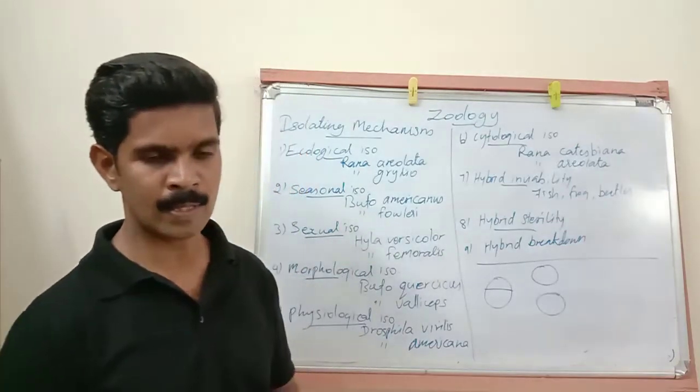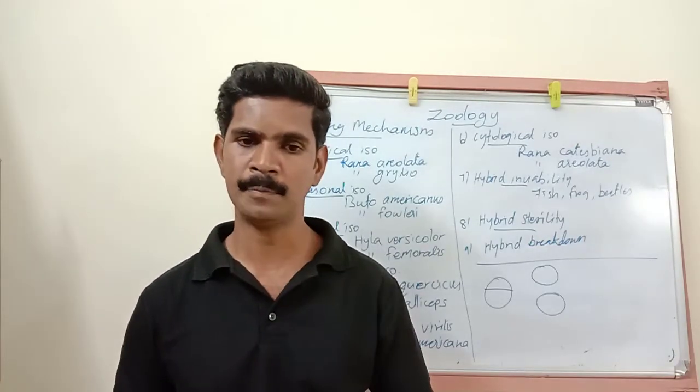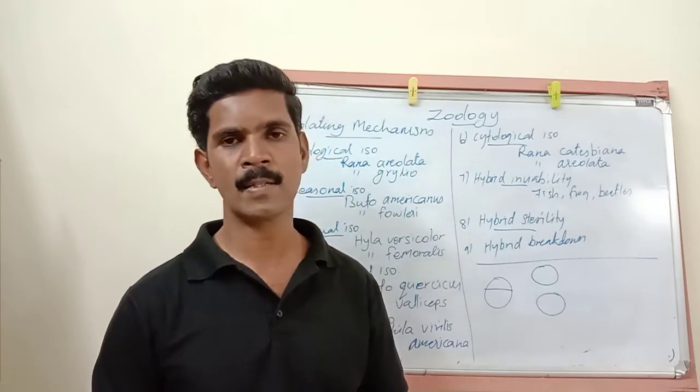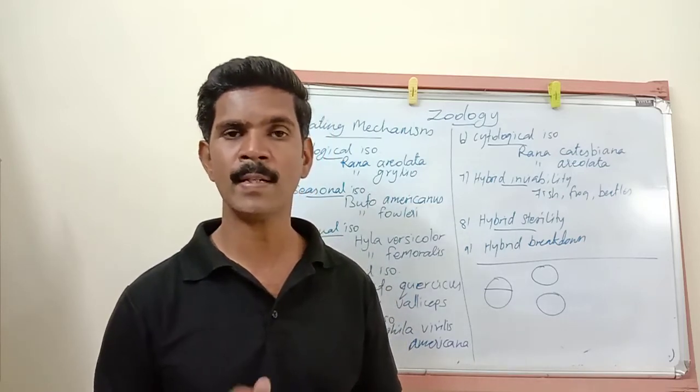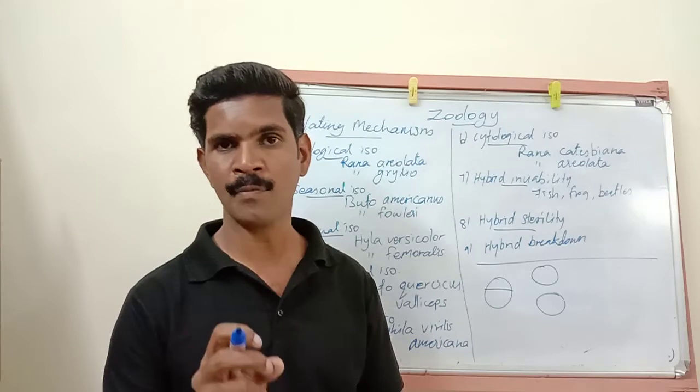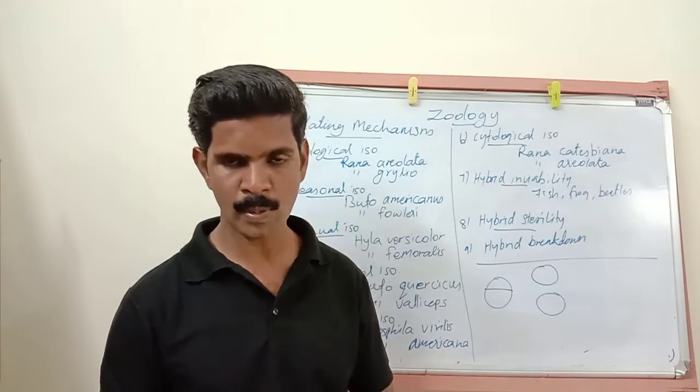The sixth isolation is called cytological isolation. Cytological isolation is due to differences in the number of chromosomes. Because of the differences in chromosome number, fertilization does not take place.